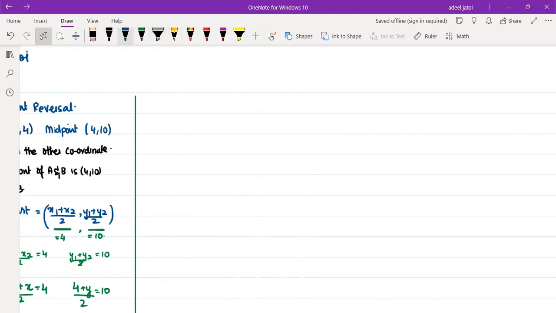Now let's focus on distance. Now distance is also known as your length. For suppose if I tell you that A is 2, 4, B is 8, 12.